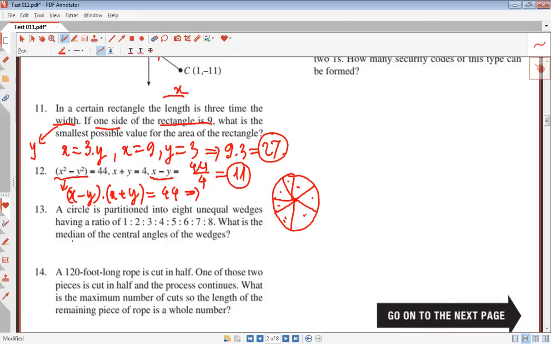What is the median of the central angles of the wedges?